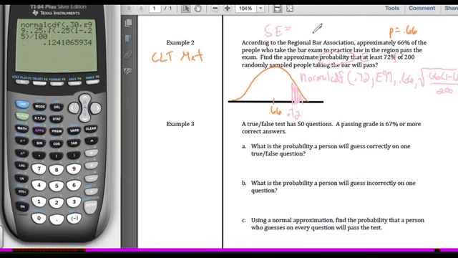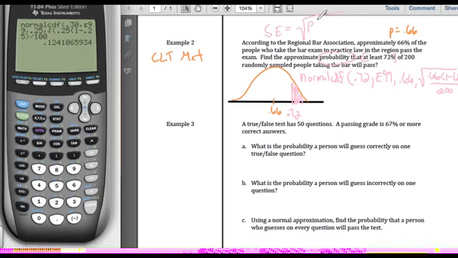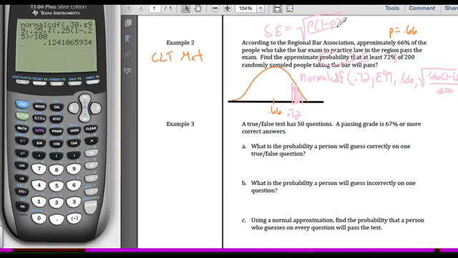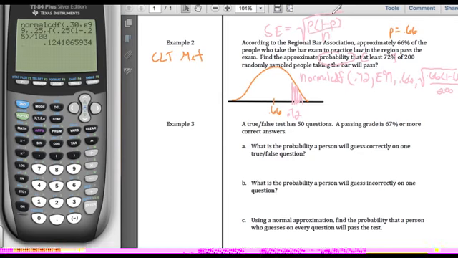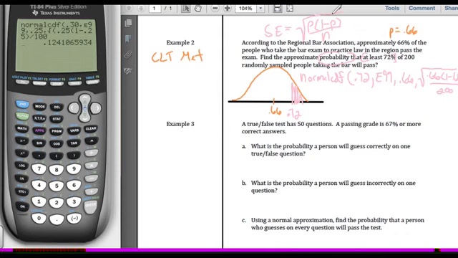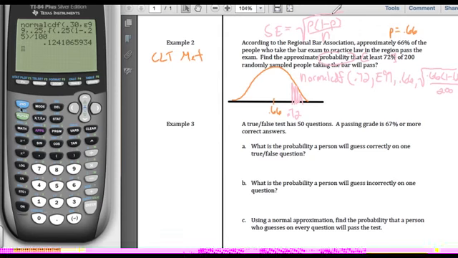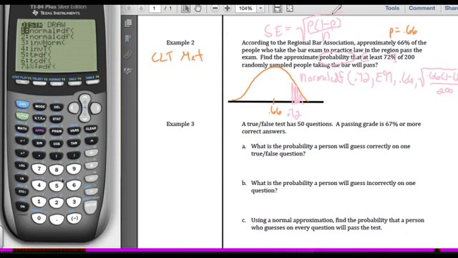Standard error is the square root of p(1 minus p) all over n, and that's in a previous video. I'll just enter this in all at once on my calculator. Second VARS, number 2, and I'll type this in.